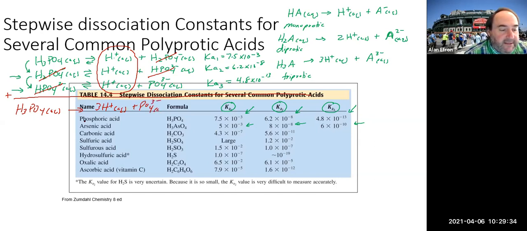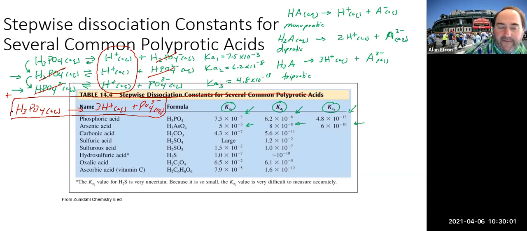So this is why people sometimes just focus on it losing all three, as if they must all come off at once, because we often look at just the overall reaction. But it does happen in this stepwise fashion, going from one H plus to the next to the next. Any questions on that there?